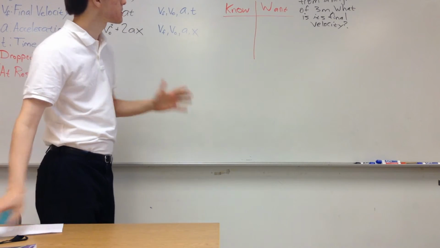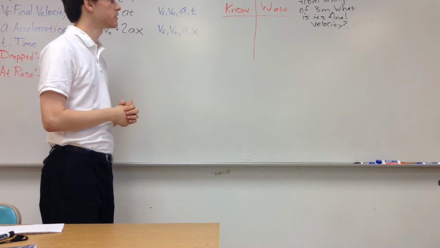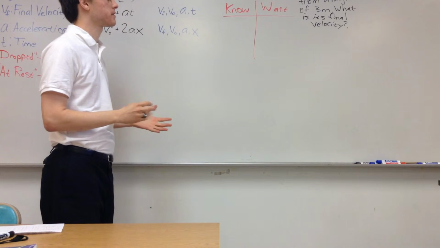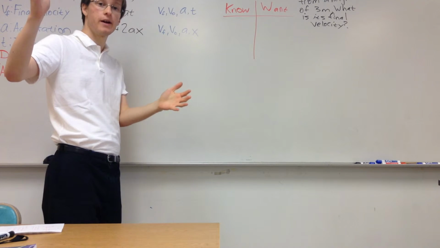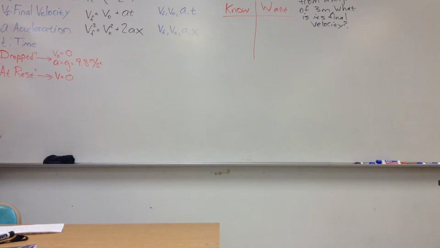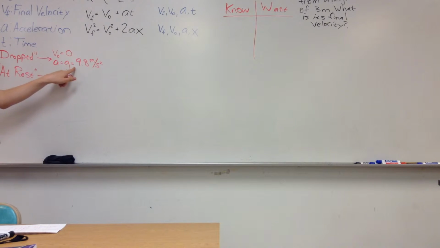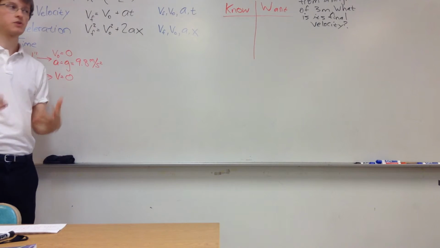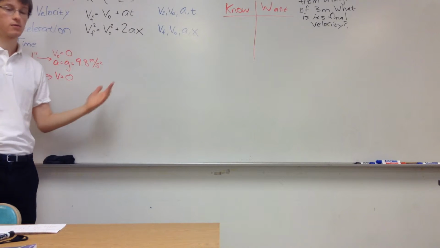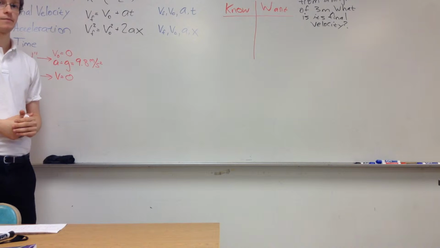And you might have to sometimes parse what the question is asking in order to get these lists. So, if a ball is dropped, an alarm should go off in your head. Anytime you see the word dropped, it means that initial velocity is 0, because if I drop something, it's not moving before I drop it. And also that it's going to accelerate with the acceleration due to gravity, which all objects feel, and that is 9.8 meters per second squared.